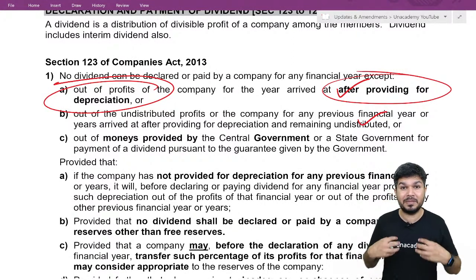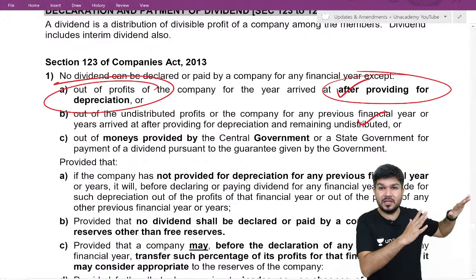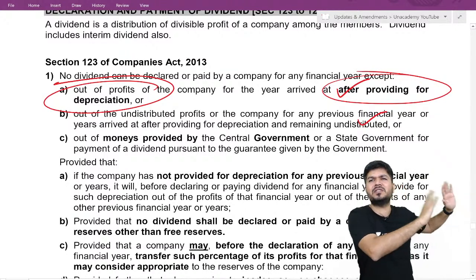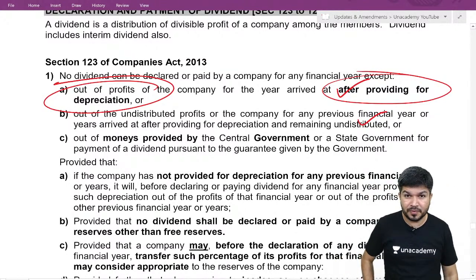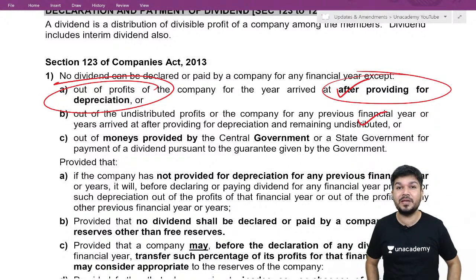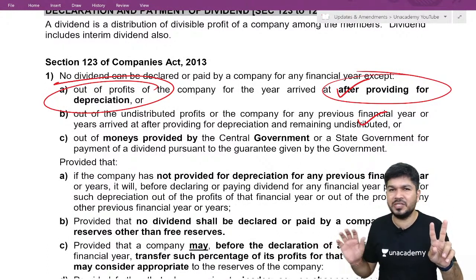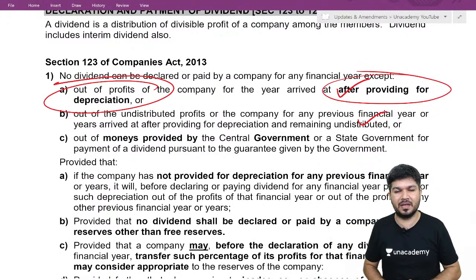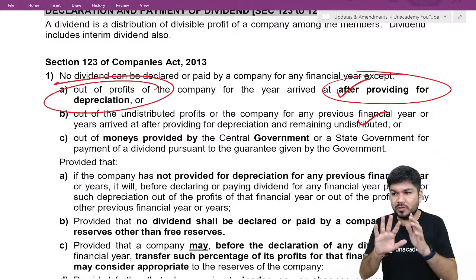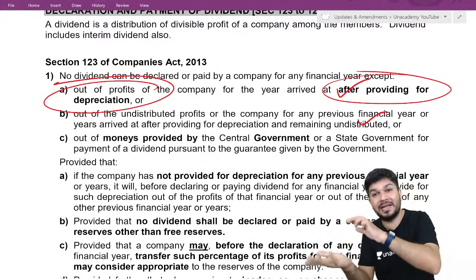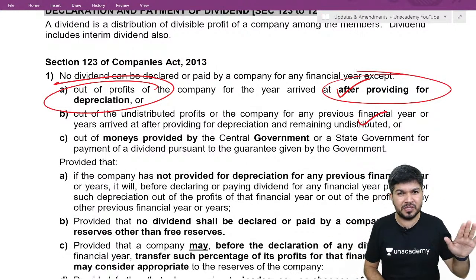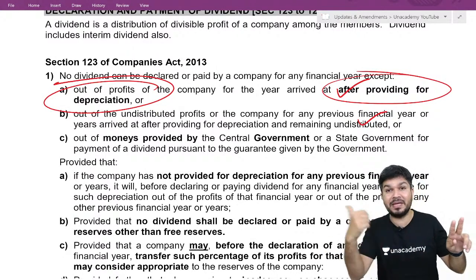Unabsorbed depreciation is nothing but loss for the year or depreciation for the year, whichever is lower. For a simple example, profit was 2, depreciation is 10. So after that, the profit became negative 8. Before depreciation it was 2, depreciation 10, now it became negative 8.